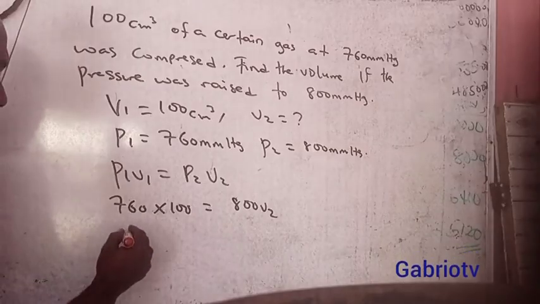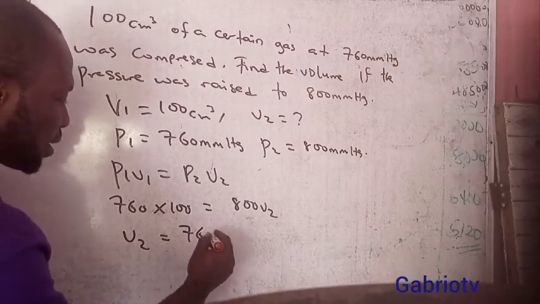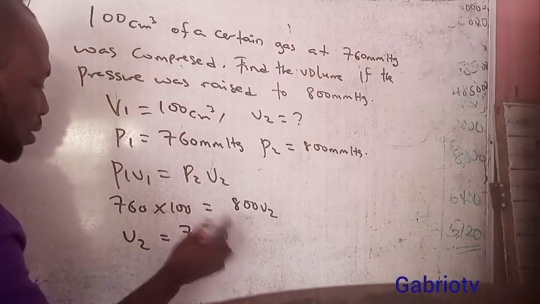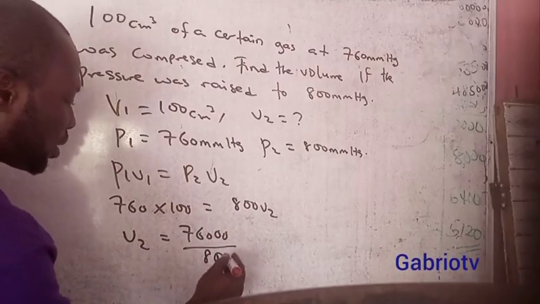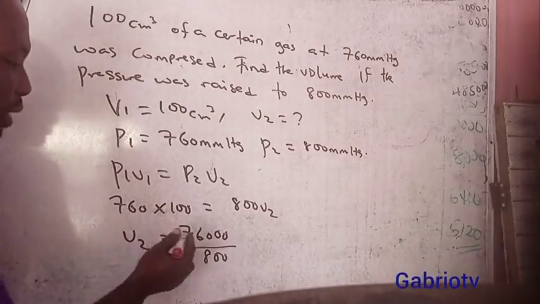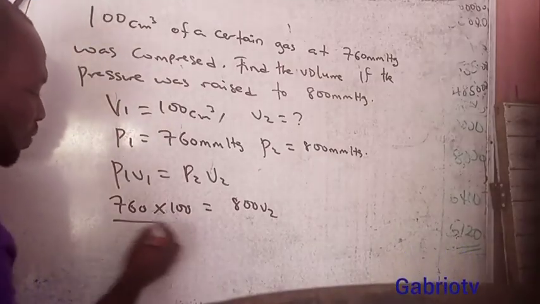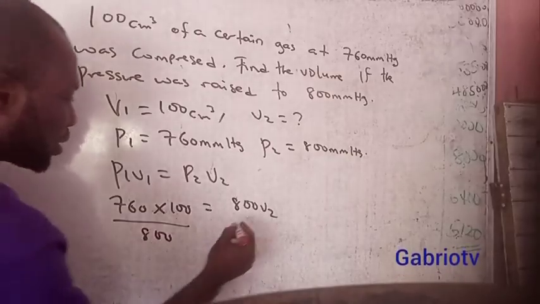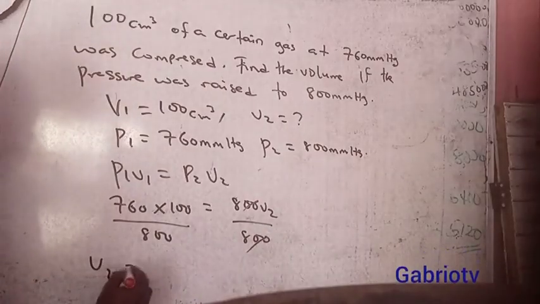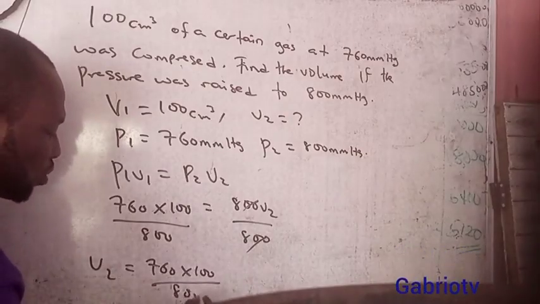So we have V2 equals 760 times 100 over 800. Did you get that? What did I do? I divided both sides. Okay, let's make it clear. To get my V2 from here, I just divide both sides by 800. So I have V2 equals 760 times 100 over 800.